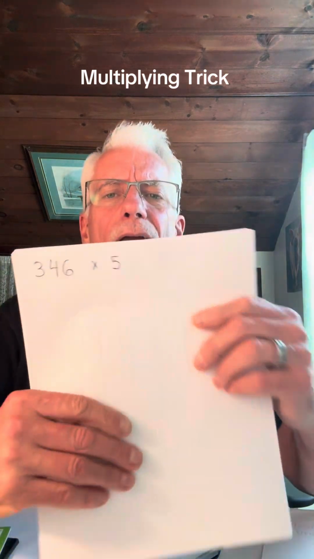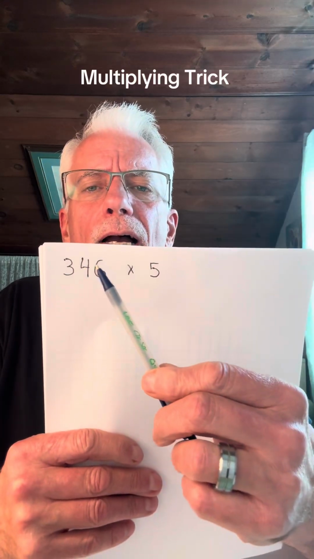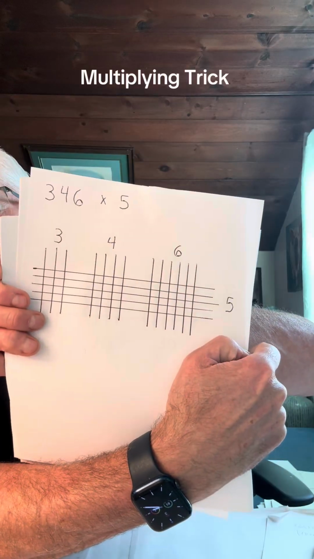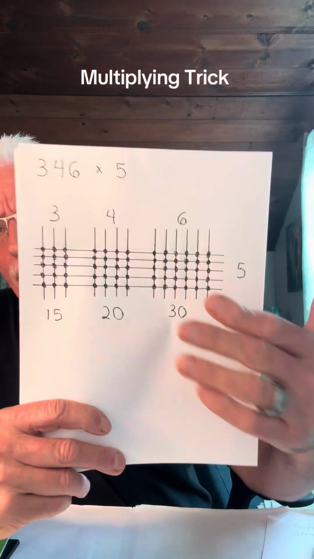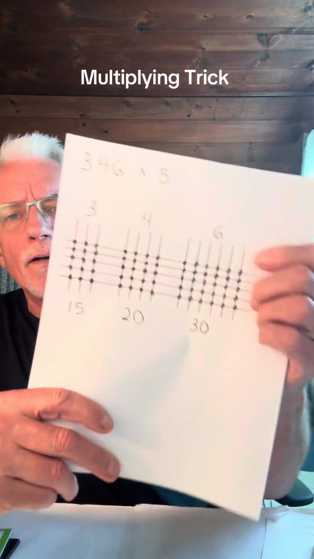Okay, this one's going to have some carryover. So I'm going to do 3 lines, then 4 lines, and then 6 lines, and then 5 going through them. And then we're just going to count them all up. When I count them up, I have 30 of them here, 20 of them here, and 15 of them over here.